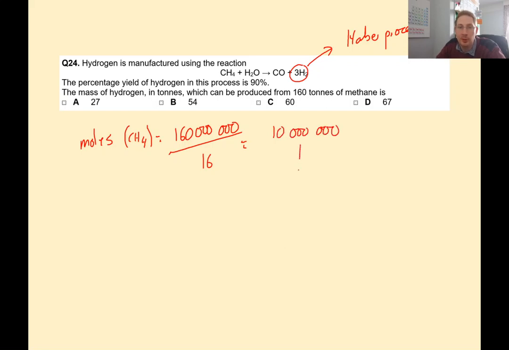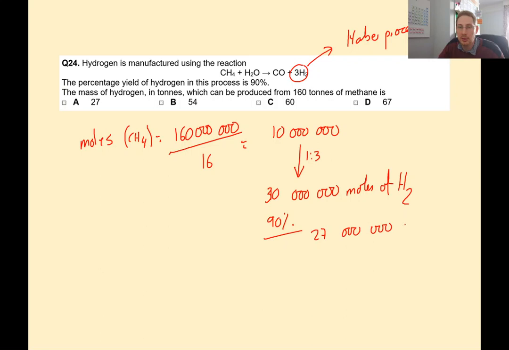That's a 1-to-1 ratio, so that should make 10 million moles of... it's a 3-to-1 ratio, isn't it? So that should make 30 million moles of hydrogen. However, there's only a 90% yield, so that would be 27 million moles of hydrogen.